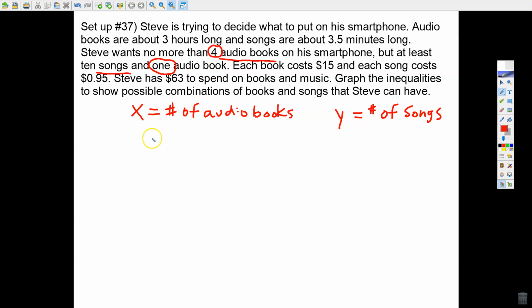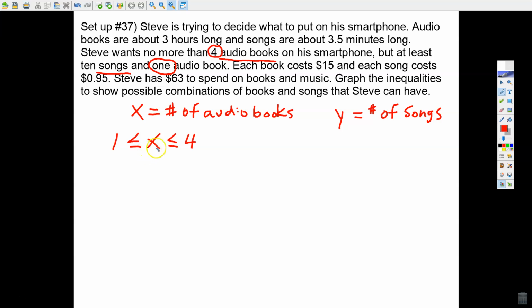And so the way I represent that using an inequality is 1 ≤ x ≤ 4, and basically this says that the number of audiobooks will be between 1 and 4. And we say that that's inclusive. So I say or equal to, because it could be 1, but it's not going to be more than 4. Okay, so there's one inequality.